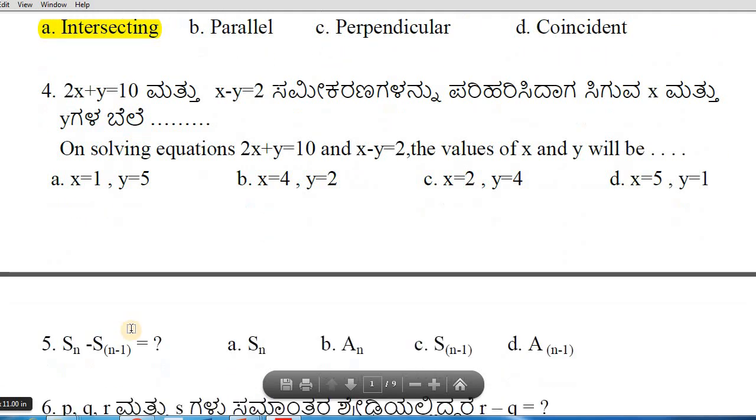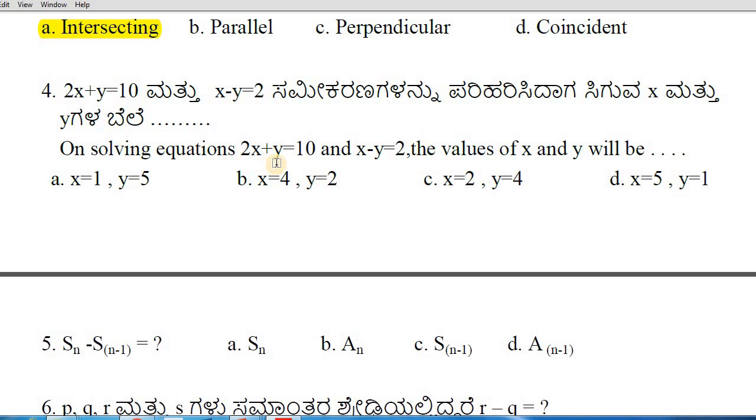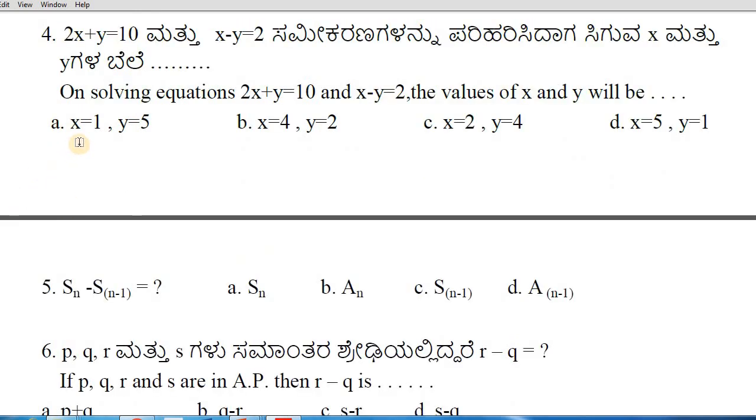Question number 4. On solving equations 2x plus y equals 10 and x minus y equals 2, the values of x and y will be. Options are A, x equals 1, y equals 5. Option B, x equals 4, y equals 2.